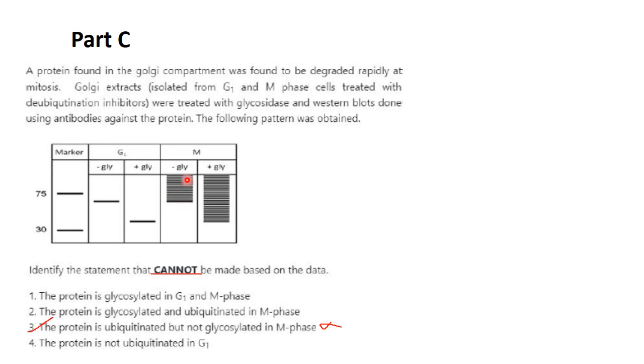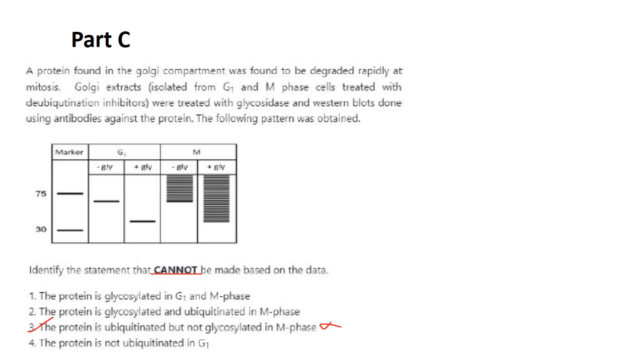Then these many bands over here represent ubiquitination because ubiquitin molecules attach non-uniformly. And in G1, ubiquitination doesn't take place, whereas in M phase, ubiquitination takes place. So coming to the statements, they have asked for the statement that cannot be made based on the data. The protein is glycosylated in G1 and M phase.